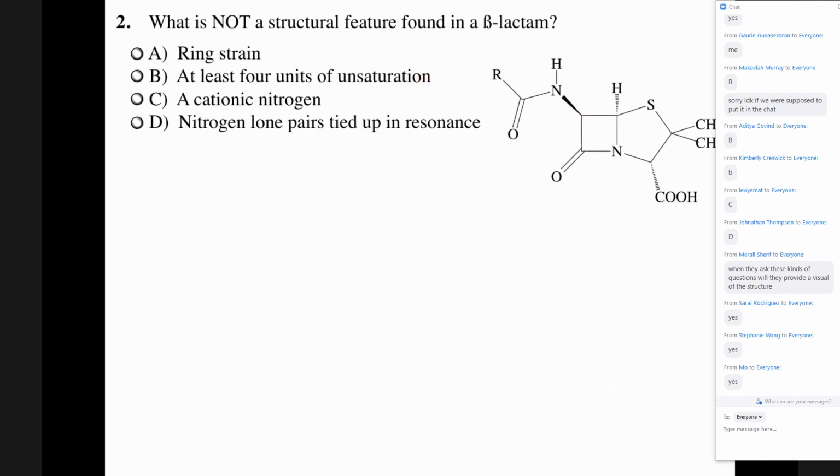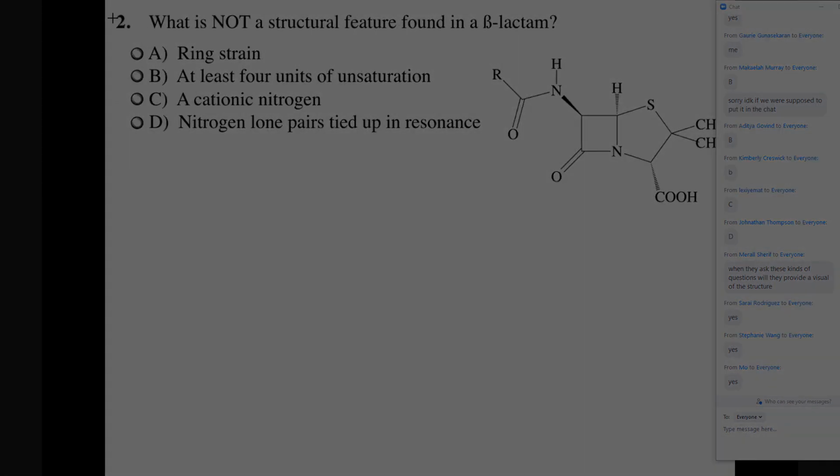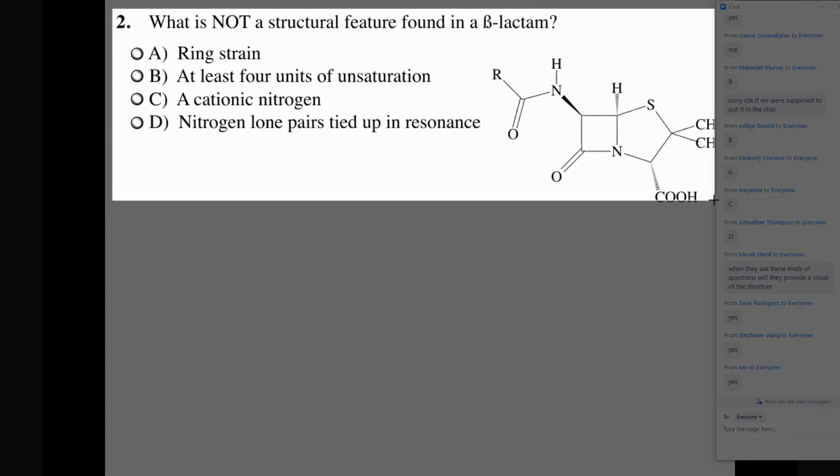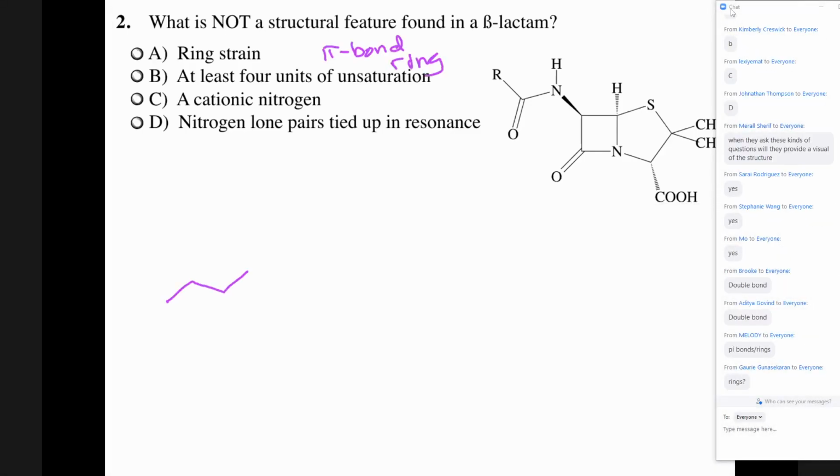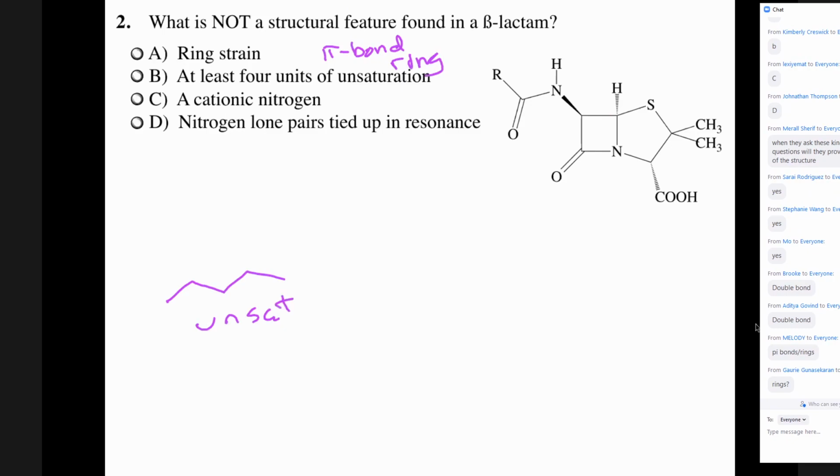What is a unit of unsaturation? Again, this is one of those things that would have been covered in an earlier lecture. But unit of unsaturation is a pi bond or a ring. So for instance, I'd say that's unsaturated. That's saturated. Have I said my words right or no?